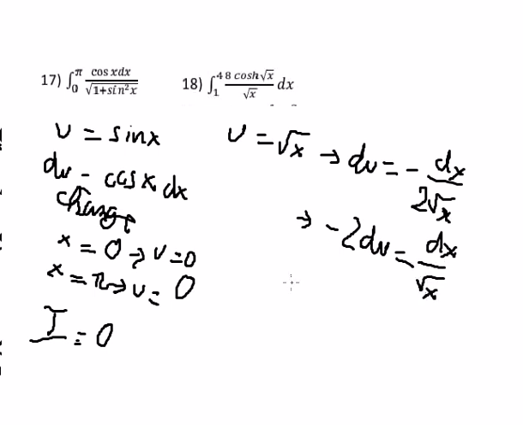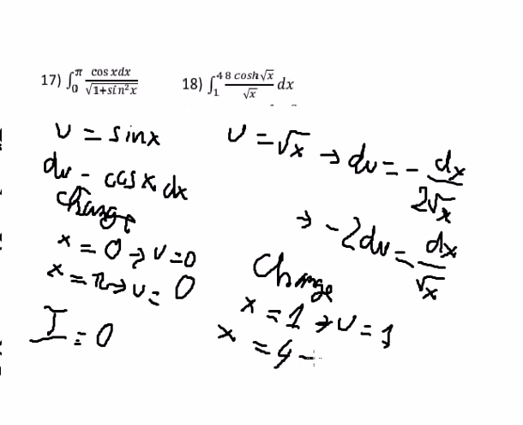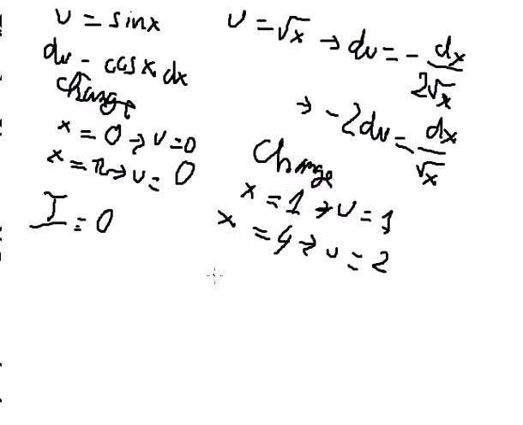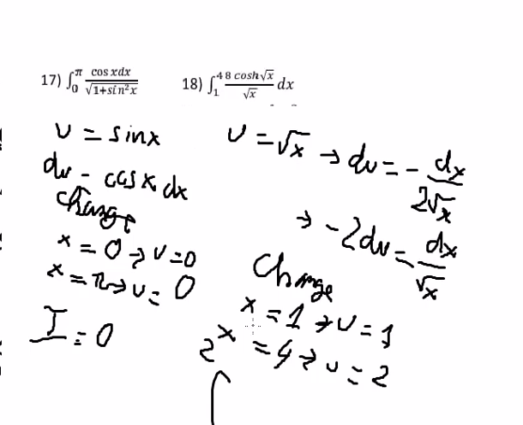We need to change the powers. So s equal to number 1, u should be about number 1. S equal to number 4, so u should be about number 2. Because we put about number 1 and number 4 in here.